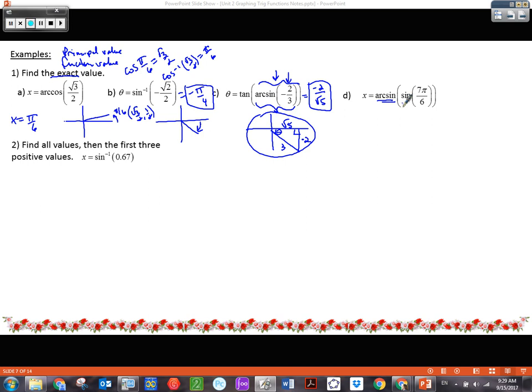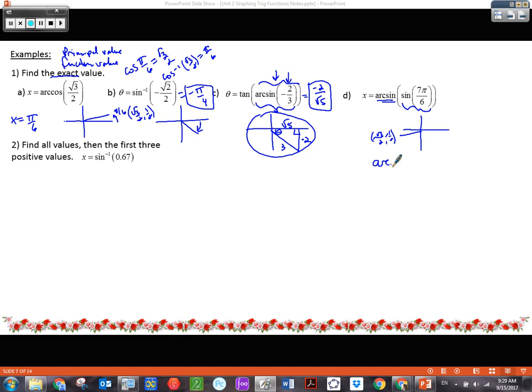So I'm going to work this piece right here. I know that 7 pi over 6 is right there, right? So we need to think, what is sine's value at 7 pi over 6? Recall this is negative root 3 over 2, negative 1/2. We know sine is the y. So that's negative 1/2.